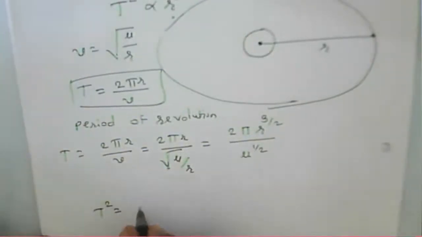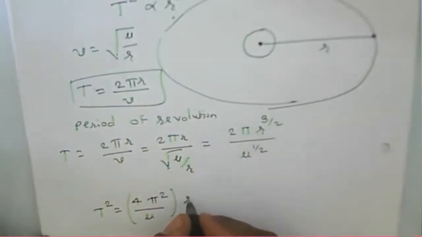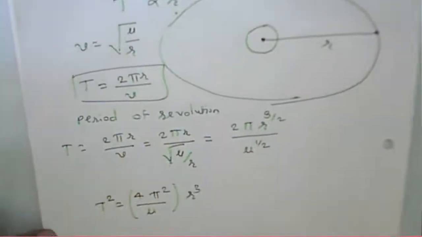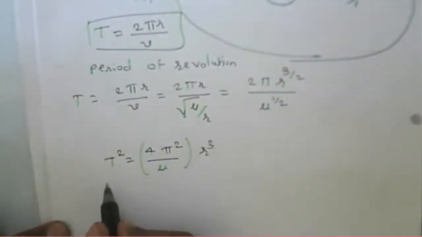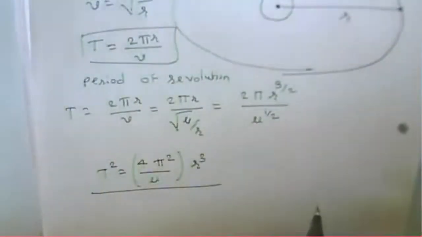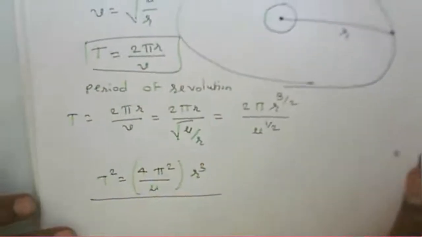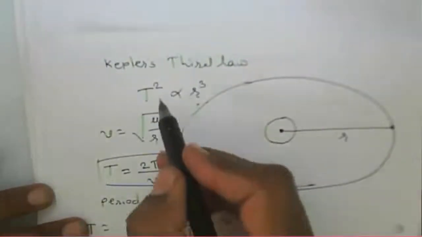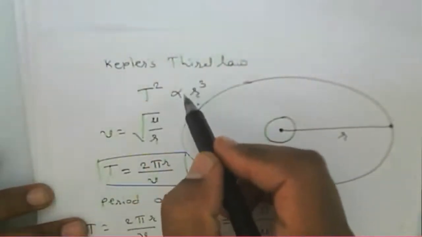And if we take T squared, then it becomes 4π² divided by μ, times r cubed. And that is your expected answer.